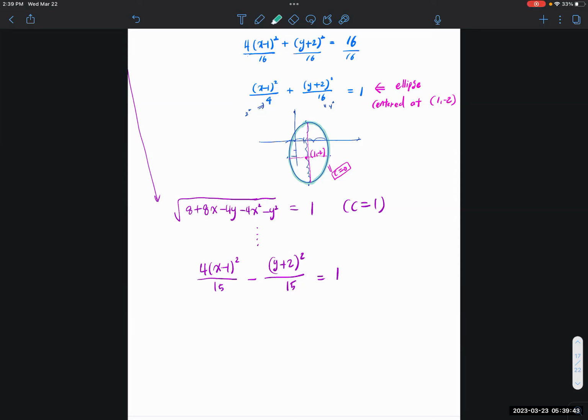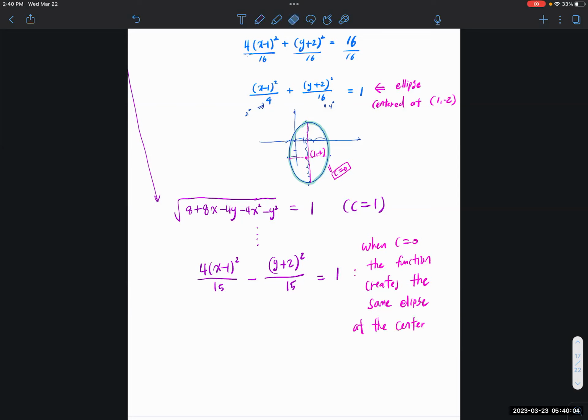What is that? In this equation, for each value of c, the function creates an ellipse at the same center.